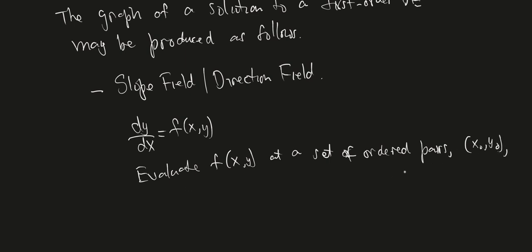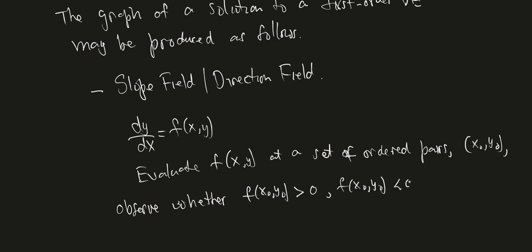So those are the ordered pairs. So we evaluate and then we simply observe whether f of x0, y0 is positive? Is it negative? Or the only other possibility, is it 0, right?